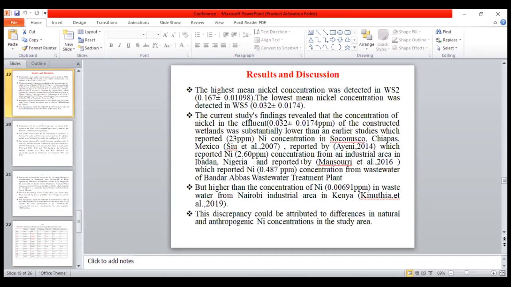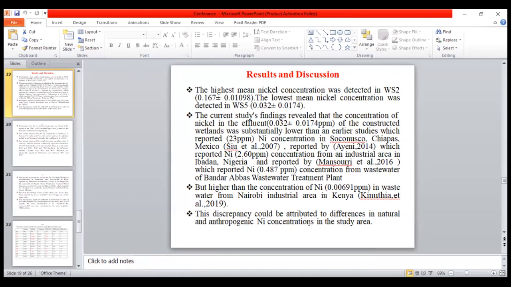And this is the result and discussion. The highest mean nickel concentration was detected at site 2, which is 0.16, and this is higher than that reported by IENA in 2014, but higher than the concentration of nickel in wastewater from Nairobi.